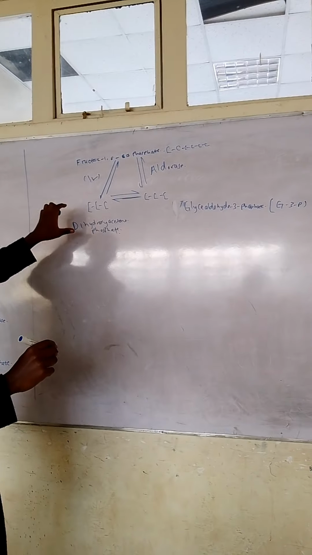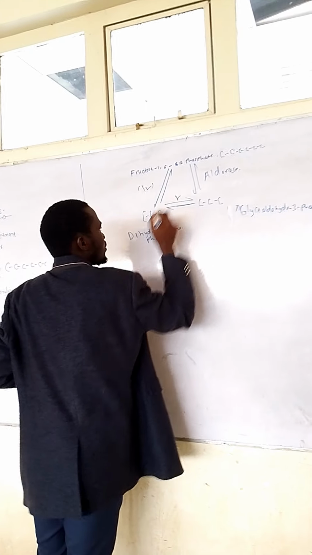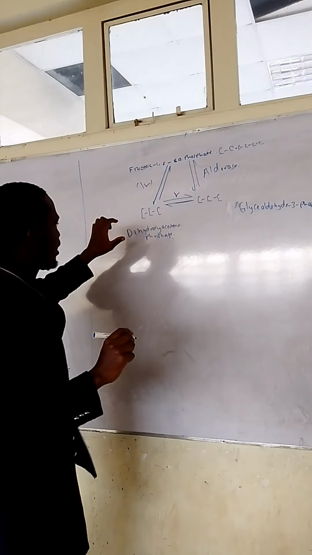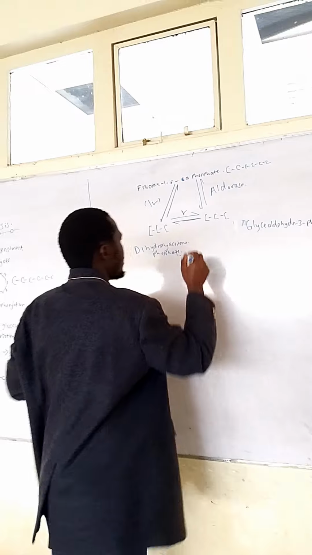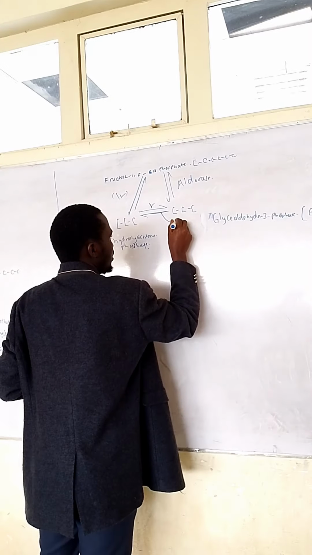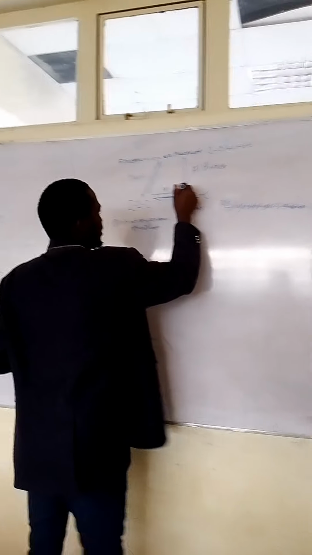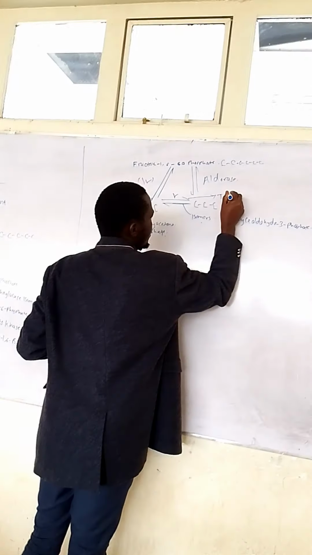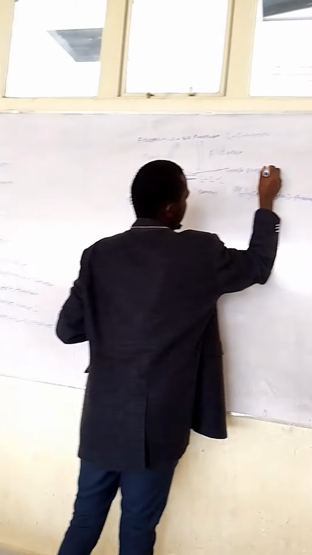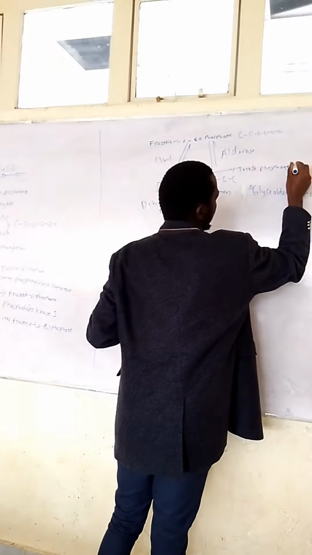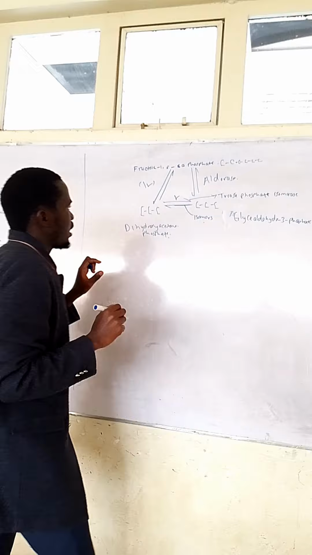So when these two molecules are split, the fifth process is here. Dihydroxyacetone phosphate and glyceraldehyde phosphate are isomers. The enzyme that facilitates this is called triose phosphate isomerase.